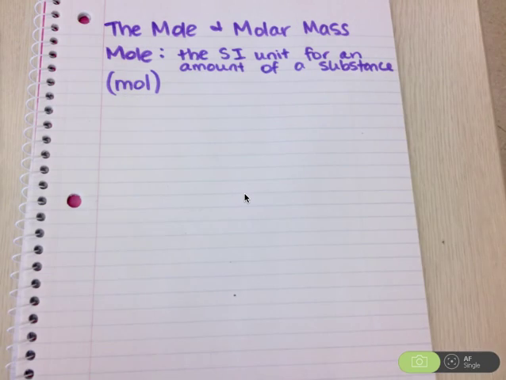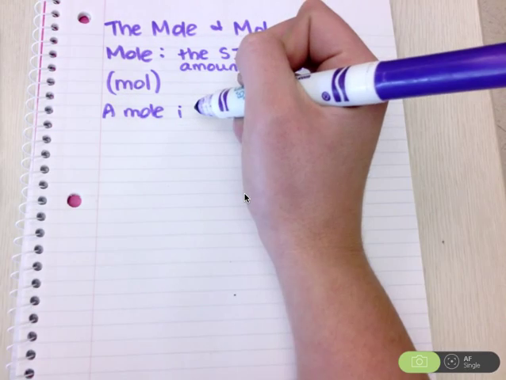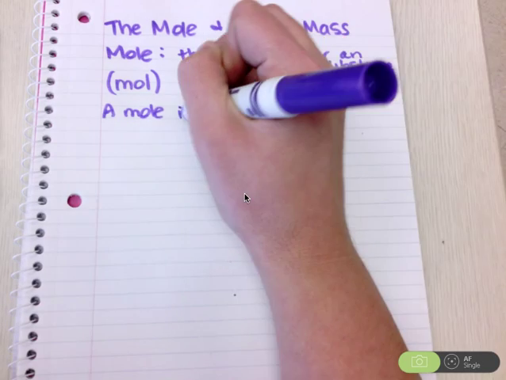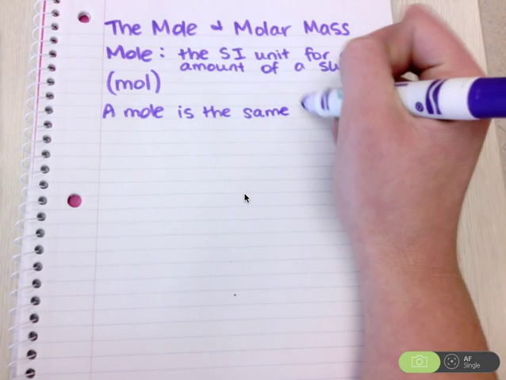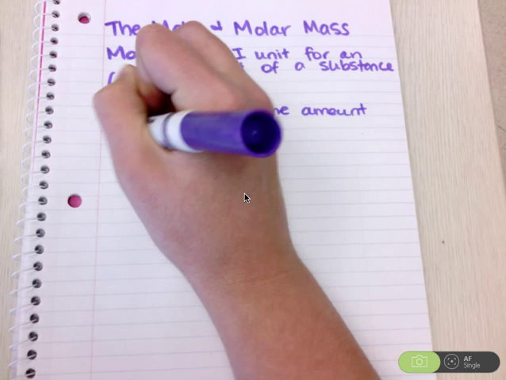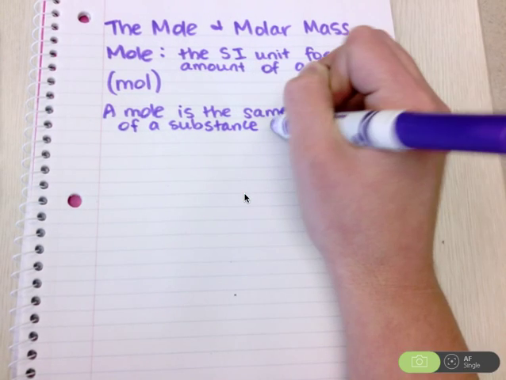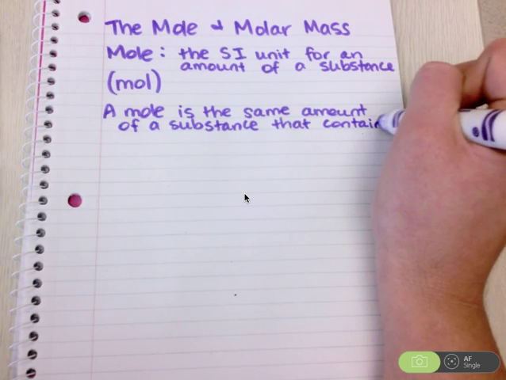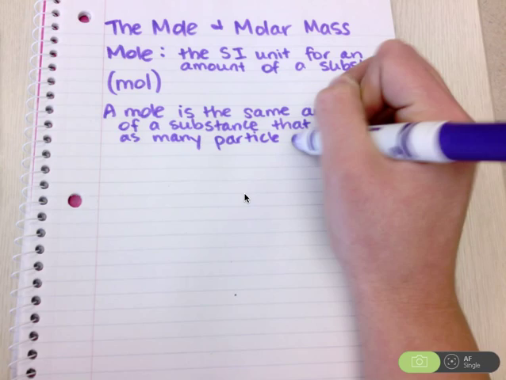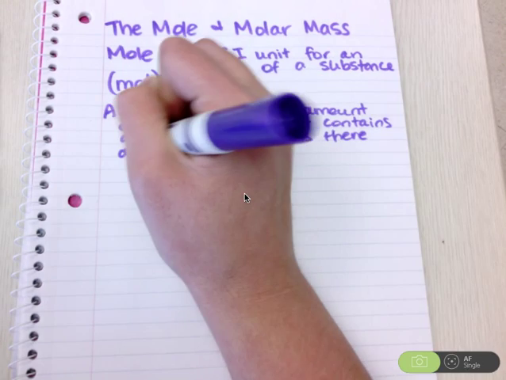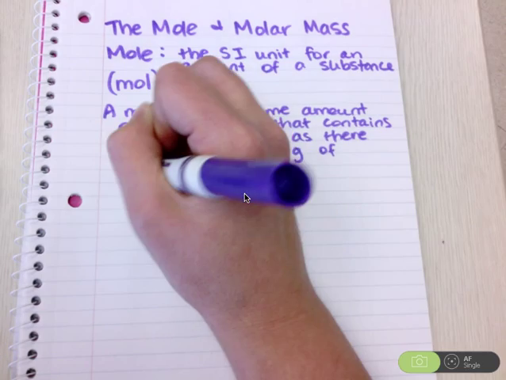The actual definition of a mole is that a mole is the same amount of a substance that contains as many particles as there are atoms in 12 grams of carbon-12.